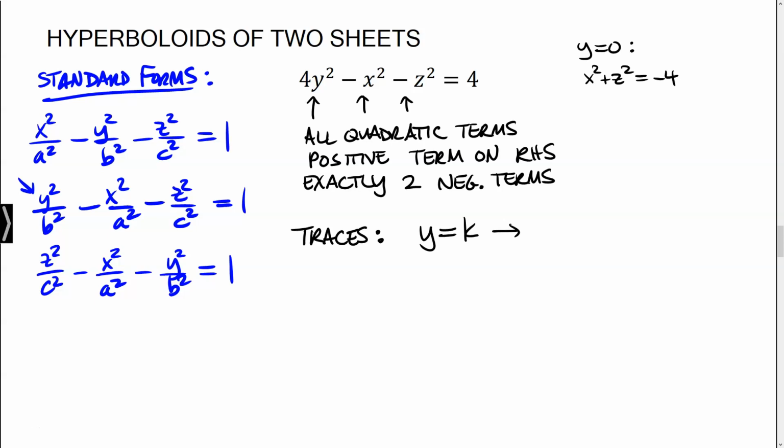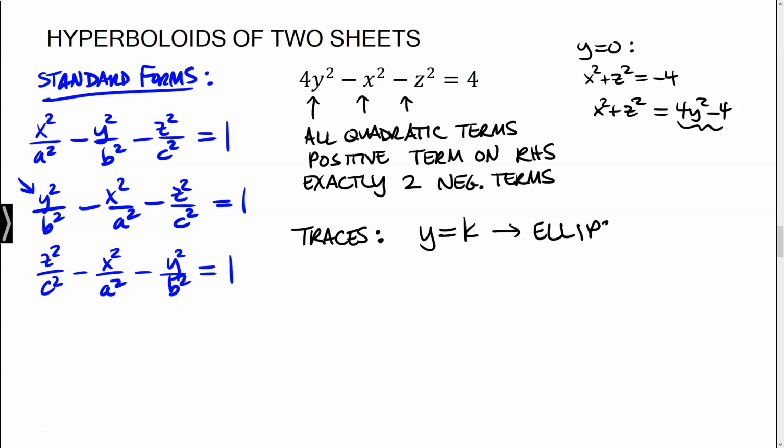But notice if we let y equal k, we just get x squared plus z squared is equal to 4y squared minus 4. So if y is too small, the right-hand side here is going to be negative. So y has to be of a certain magnitude. But once you get past that point, the right-hand side is positive, and you're going to get an ellipse.